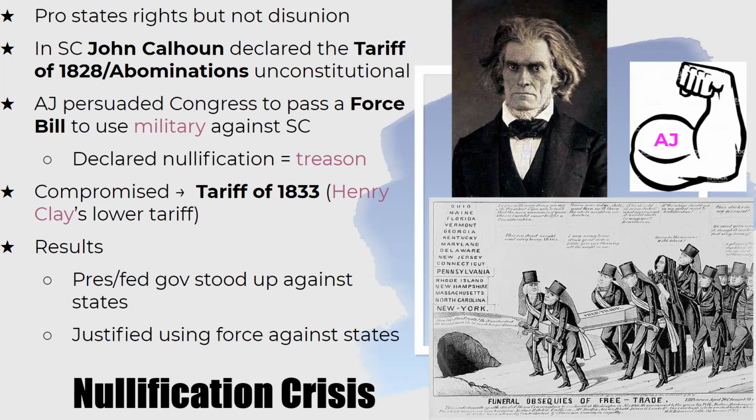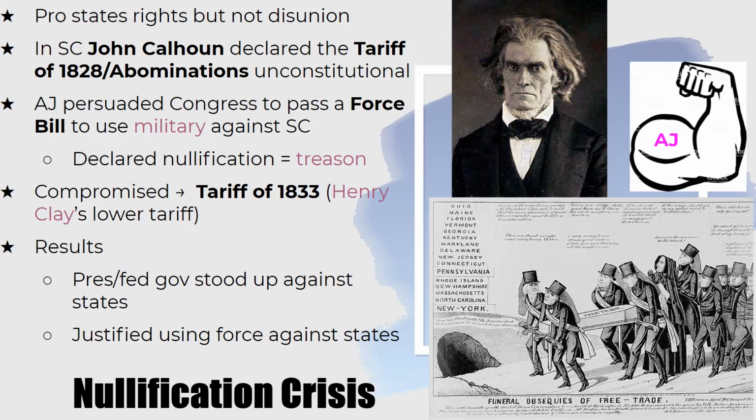And Jackson is actually getting more peeved at him for getting so combative towards the federal government about this tariff rather than just getting rid of the tariff. And so if it had to come down between states' rights and disunion between the states and the federal government, Jackson is going to pick the federal government. He's going to go to preserving the union instead of just giving the states whatever they want.